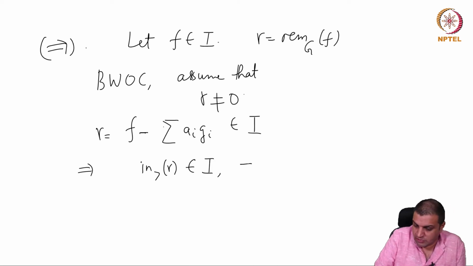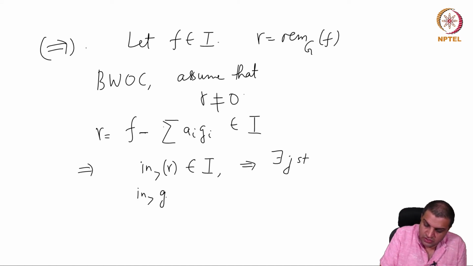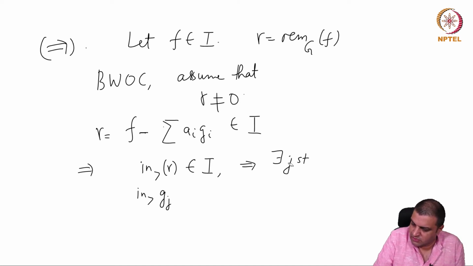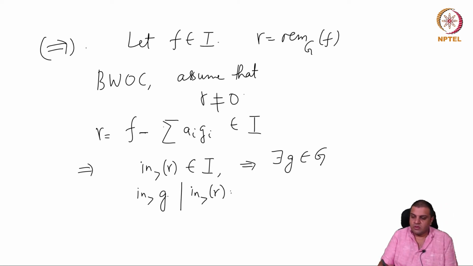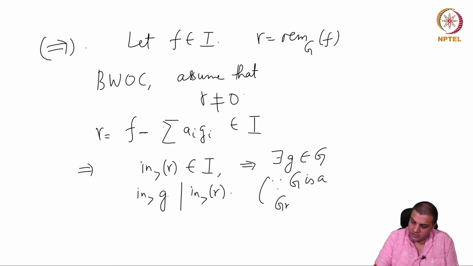Which means that there exists a g inside G such that the initial term of g divides the initial term of R. That's because G is a Gröbner basis.